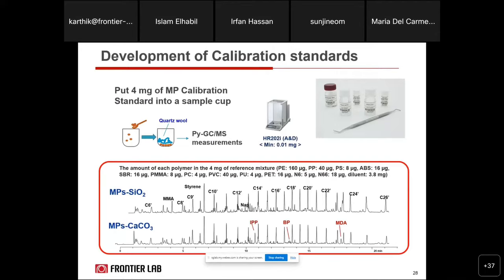At the same time, we have an additional database that will allow you to look at any polymer or plastic outside of these 12. That's another extra database that we have as part of this software, which I will explain later.